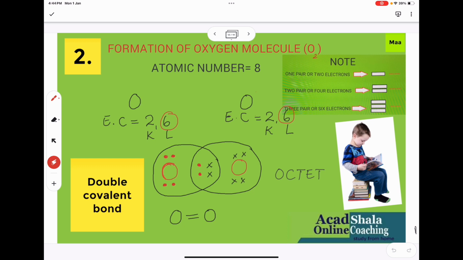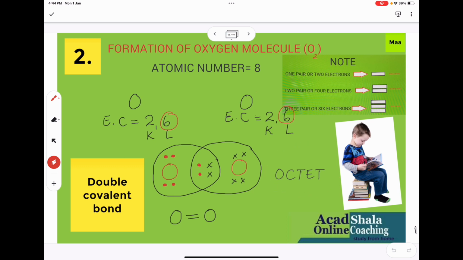So this oxygen says, I will also share my 2 electrons, shared, and out of 6, 2 shared, and how many left? 4. So this is shown over here, 4. After sharing, both the oxygen atoms were very, very happy, that is, sharing is caring, so they cared for each other, and after sharing, they attained the stable gas configuration, that is the octet state.